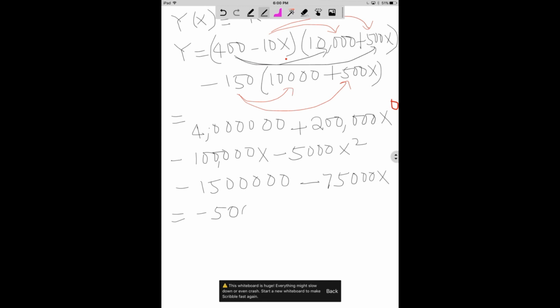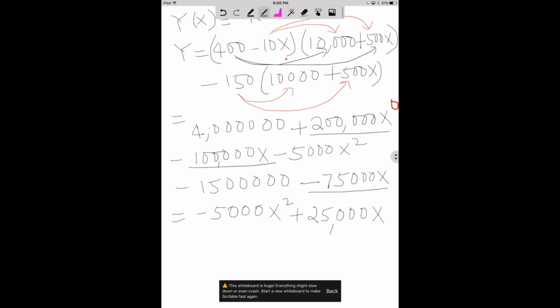So first write negative 5,000x squared. Then like terms, what are the x terms? We need to add and subtract the x terms together. That is 200,000x minus 100,000x is 100,000x. Then 100,000x minus 75,000x is 25,000x.